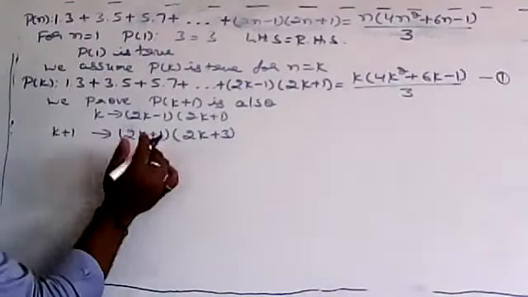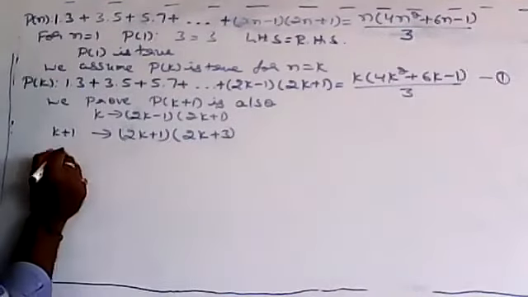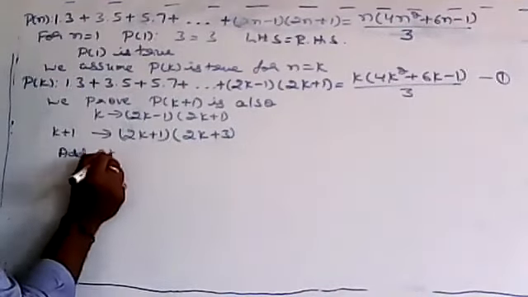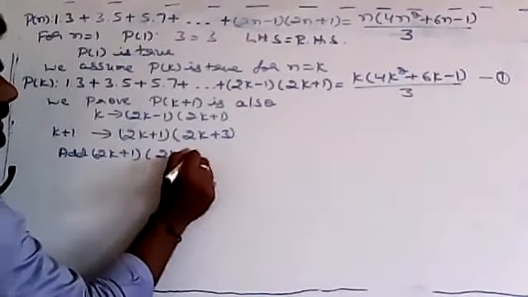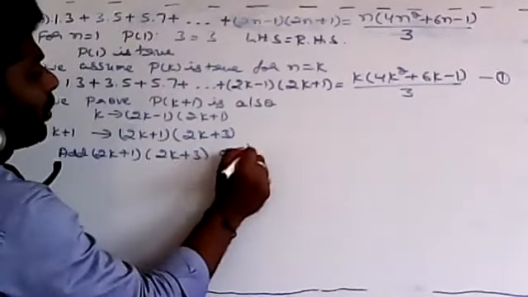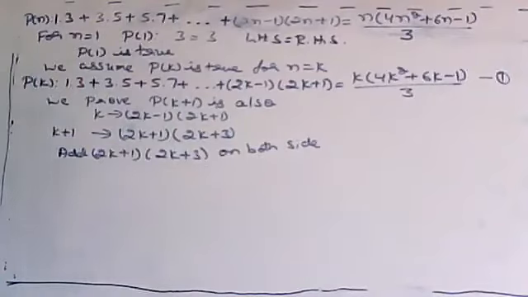Now we have to add this one. Adding 2k plus 1 into 2k plus 3 on both sides, in equation 1.